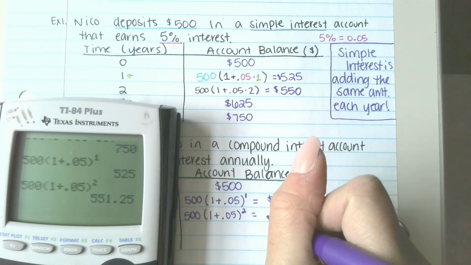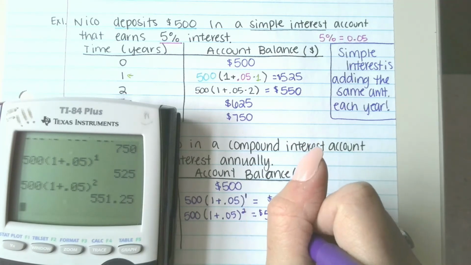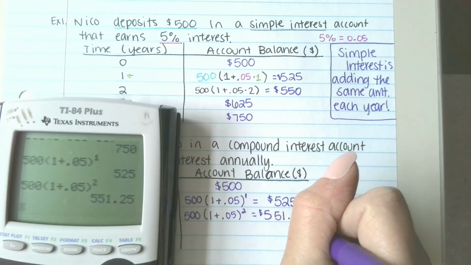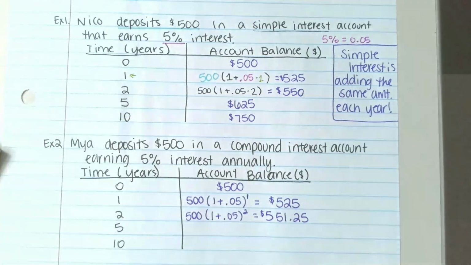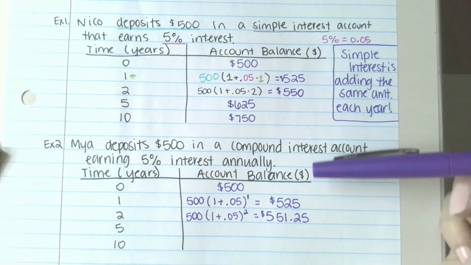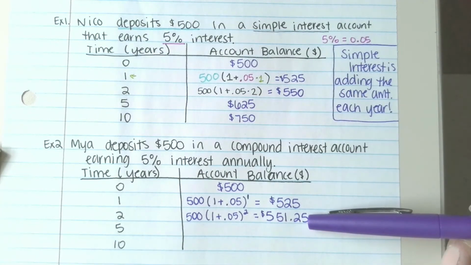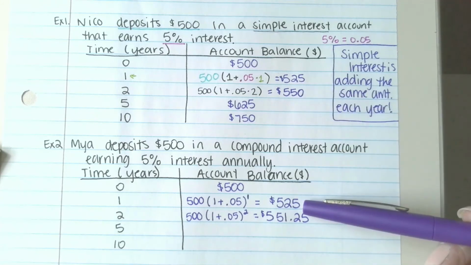And so after 2 years, Maya has $551.25. Compared to Nico had $550 after 2 years. Maya has $551.25. So she has slightly more, but it's not a very big difference.